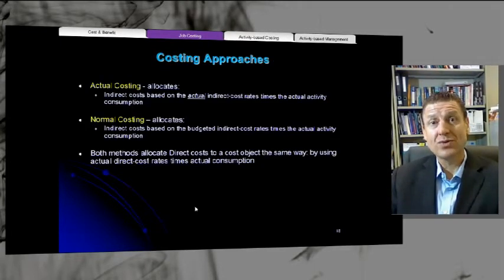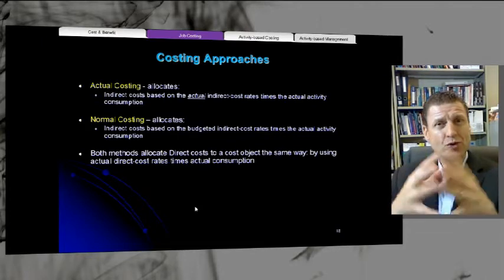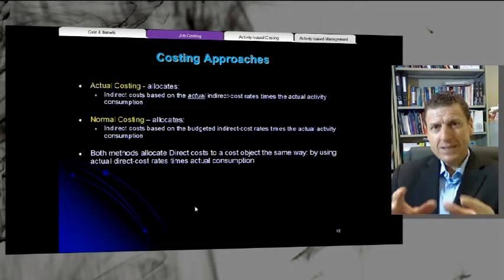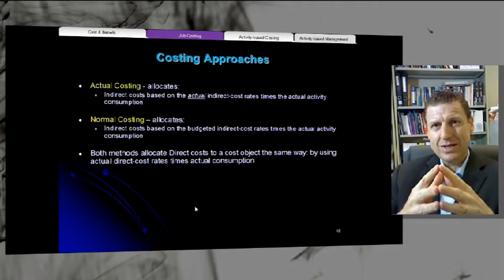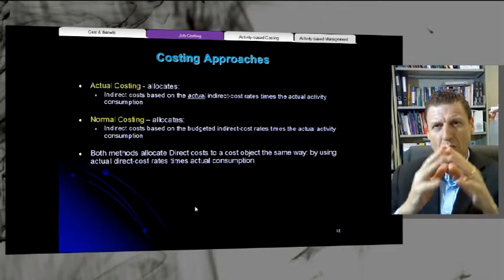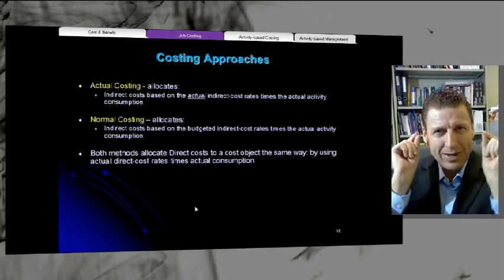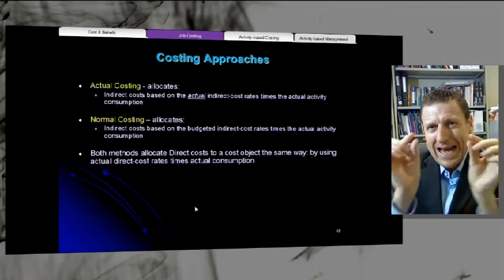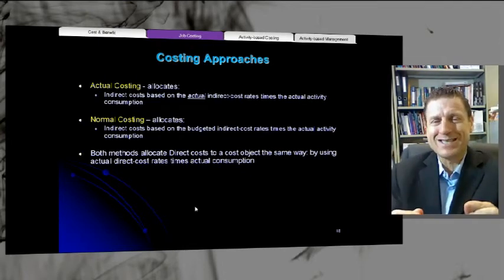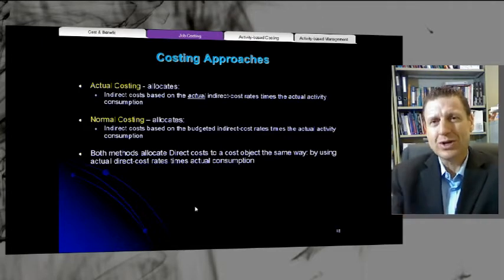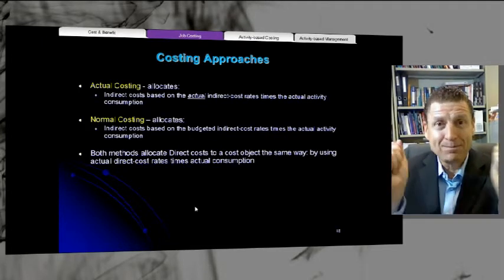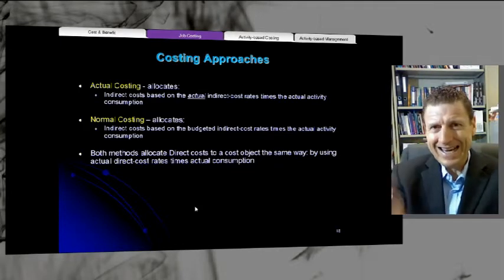So we have actual costing and we have normal costing. This part is really interesting, and students don't always get it, because they're thinking, oh, we should do actual costing. That's the only way we're going to have an accurate version of the cost, when we wait for the actual cost to occur. Then we can allocate the actual cost to the product, and Bob's your uncle, we can work out the exact profit.